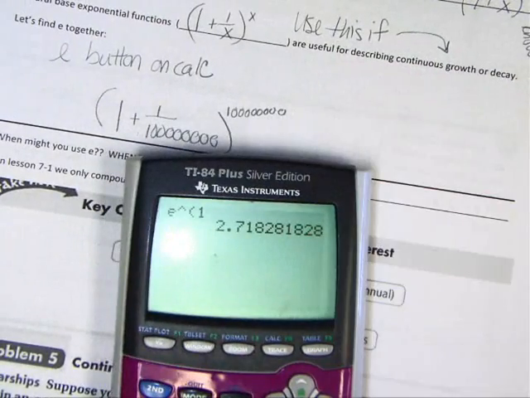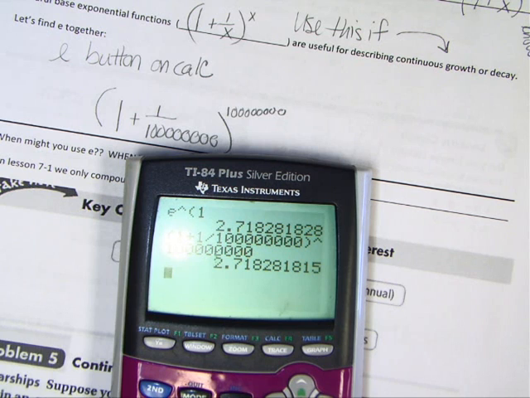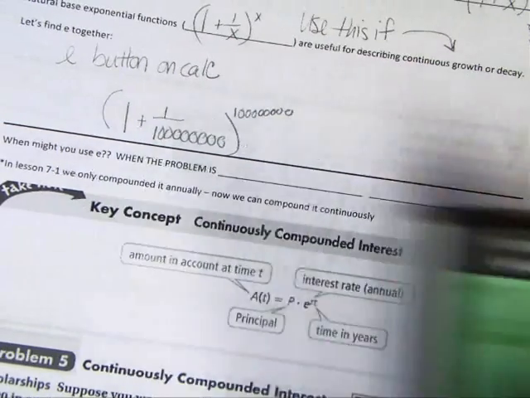You ready? So if you do 1 plus 1 over that number, to that power, notice how close that number is. The larger the number you use, the more accurate you're going to be. So if you never had that e button, you could just plug a super big number into this little equation and get e out.